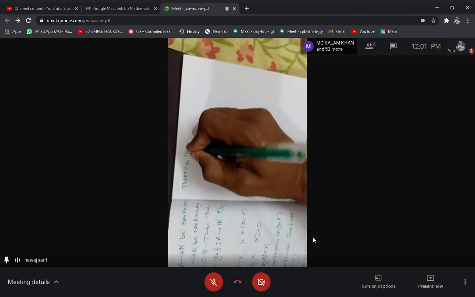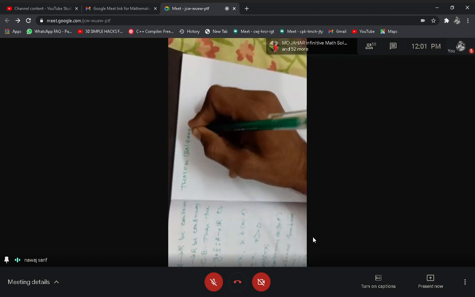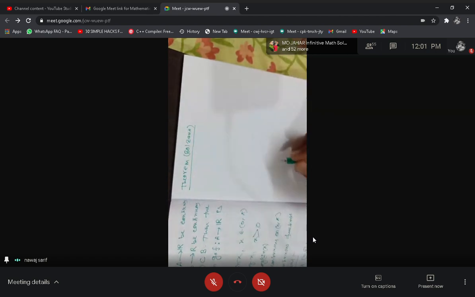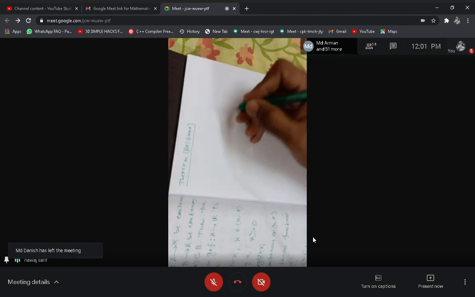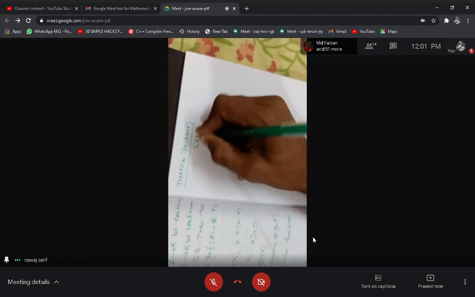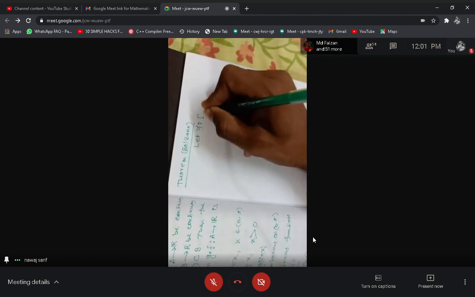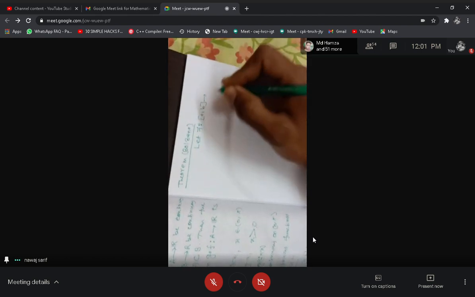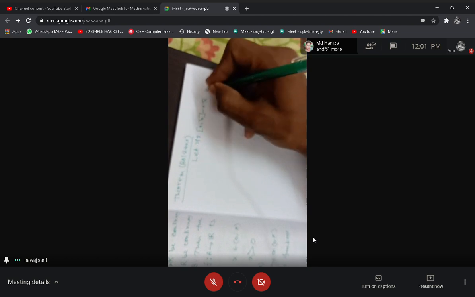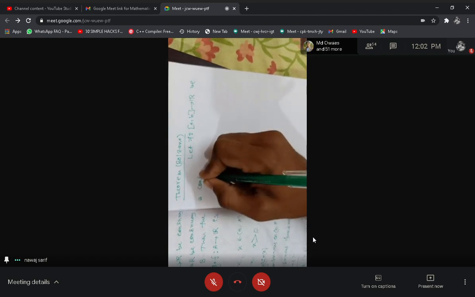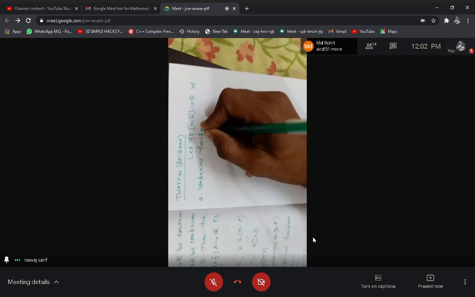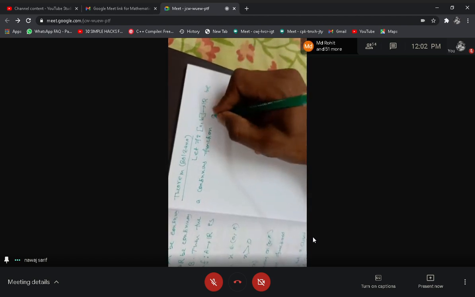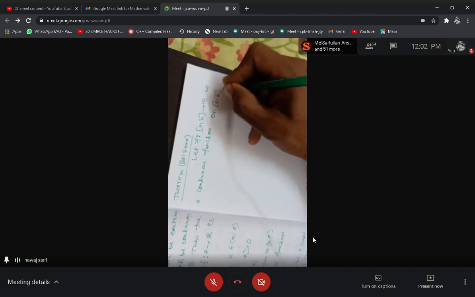this is called Bolzano's theorem for a continuous function. Let f from closed interval [a, b] to R be a continuous function on [a, b].